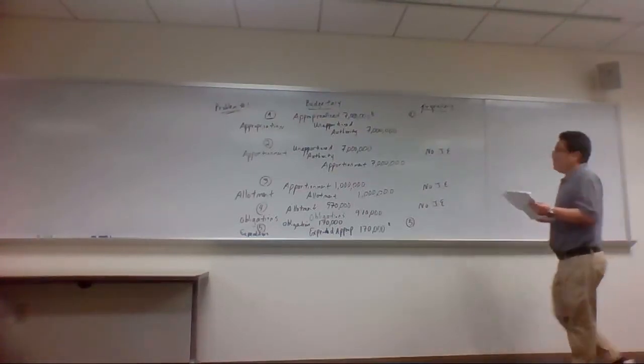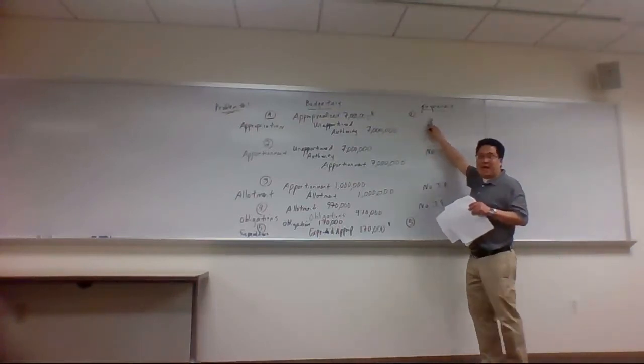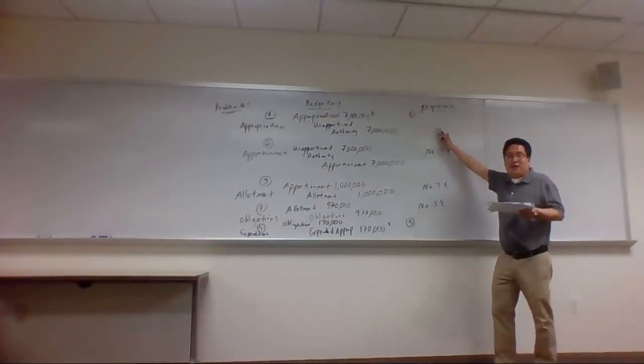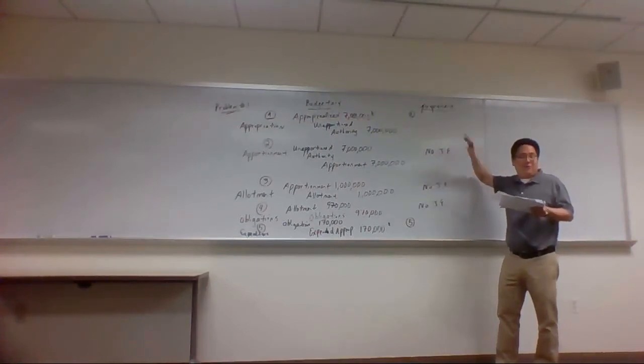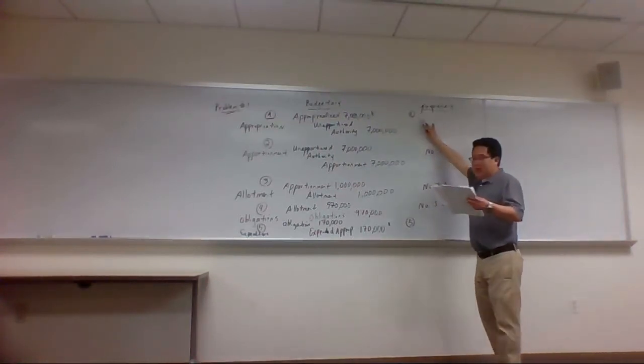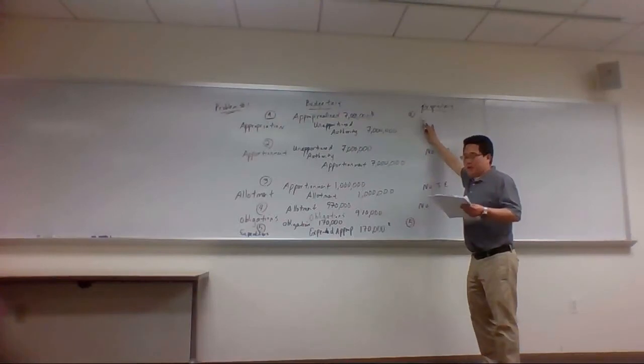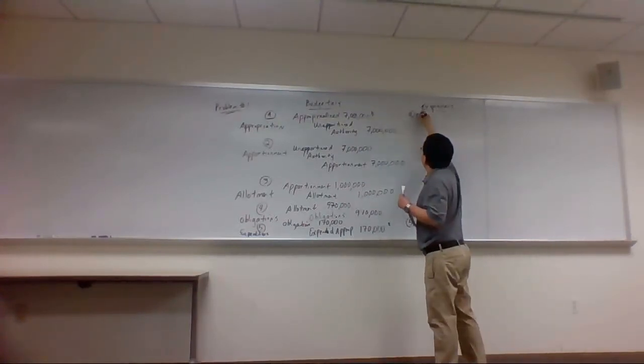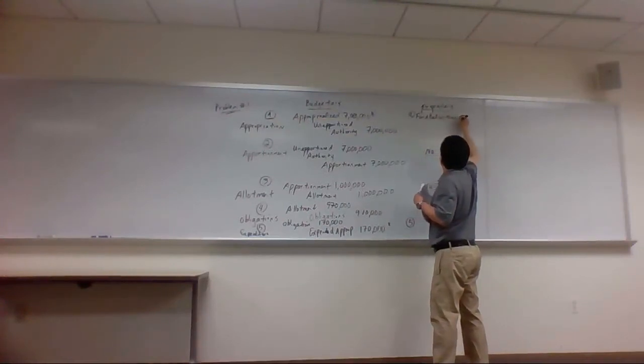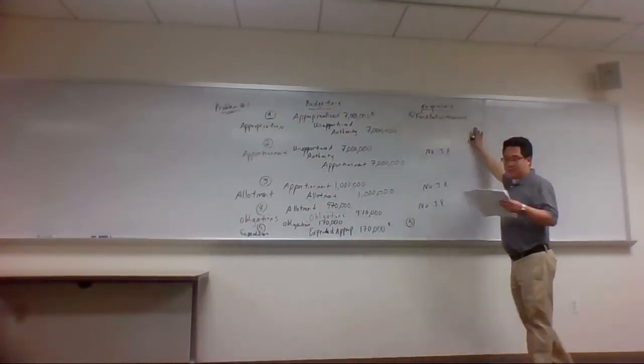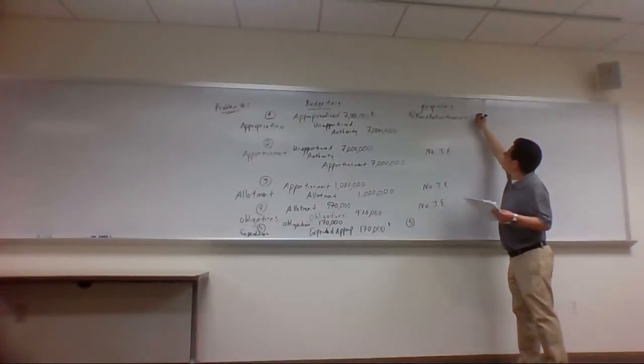So I feel like, don't write this down, I should debit cash and credit some kind of transfer in, right? But we don't use those accounts. Instead of debiting cash, what do we debit? Fund balance. Fund balance with treasury. It's kind of like cash or an account receivable. That's for 7 million.